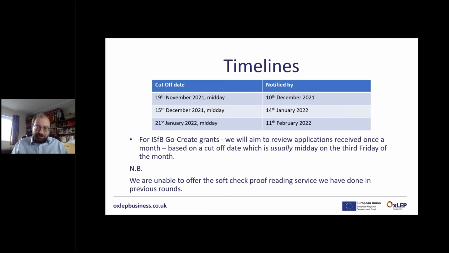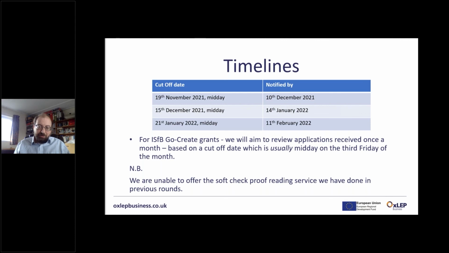Should those dates change, they will be highlighted on the Go Create pages of the Oxlep website. Whether there are any further cut-off dates for grant applications beyond that is entirely down to whether or not we have any remaining budget, or whether we've committed the whole of the 280-odd thousand that's available.